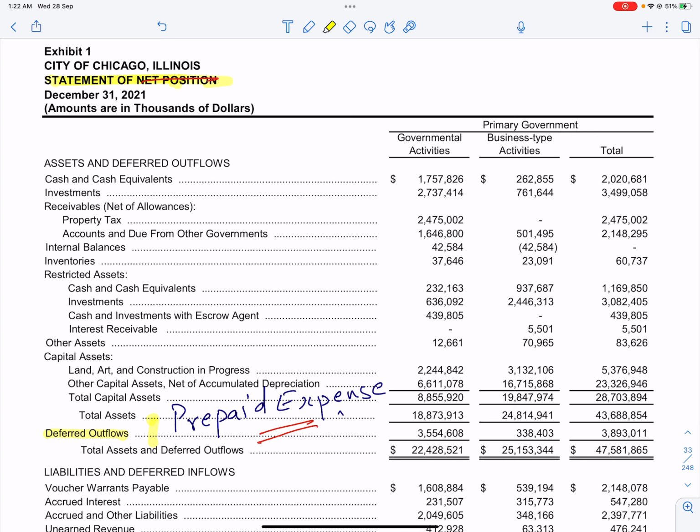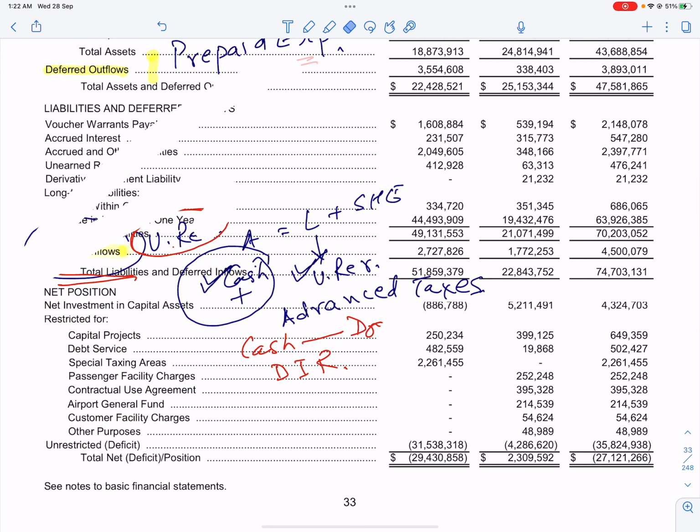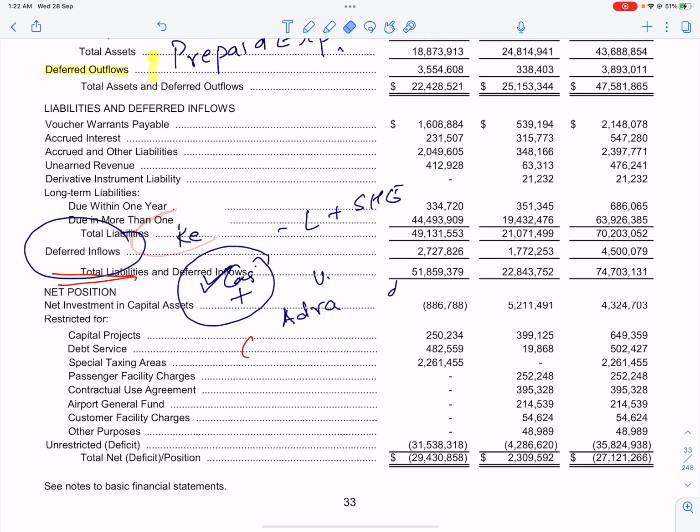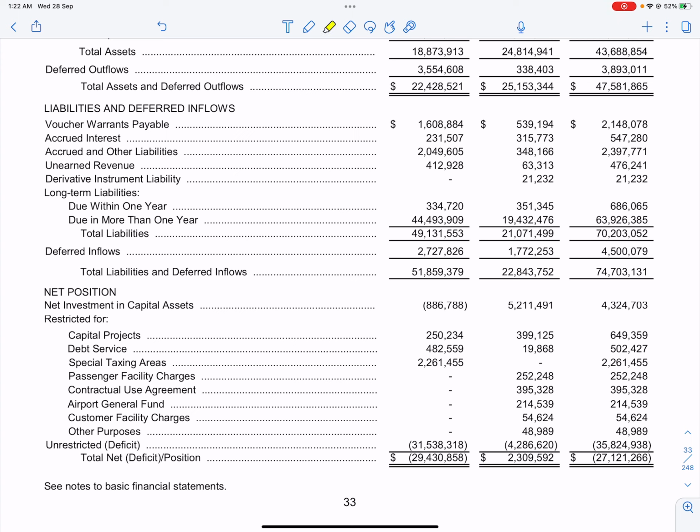So the residual amount in this case is referred to as net position.